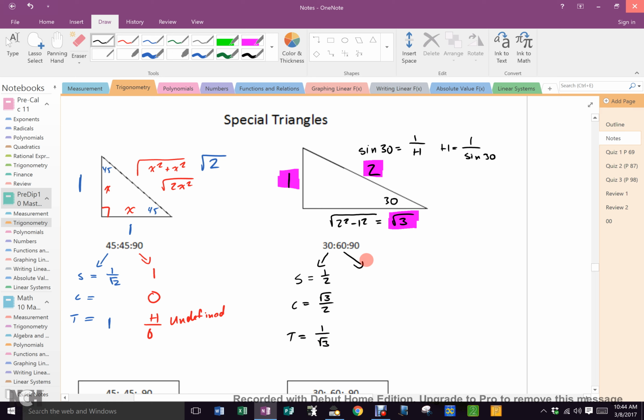What is it for 60? You guys already know this from our very first day. What happens to sine and cos when we change to the other spot in the triangle? Root 3 over 2. 1 over 2 and root 3, because it's root 3 over 1. Everybody cool?